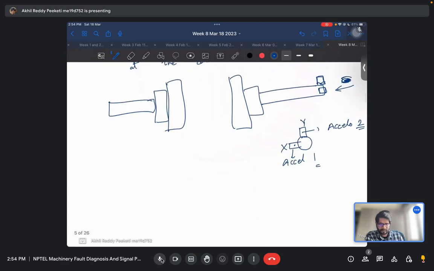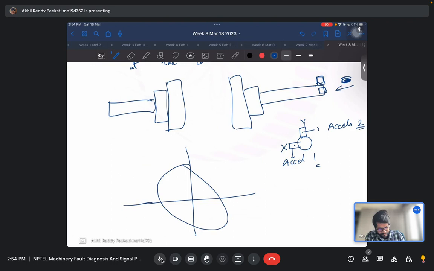Now if you plot these two correspondingly on an x versus y plot, you would see an elliptical orbit plot. If it is elliptical in nature, then that means there is a misalignment in the shaft.